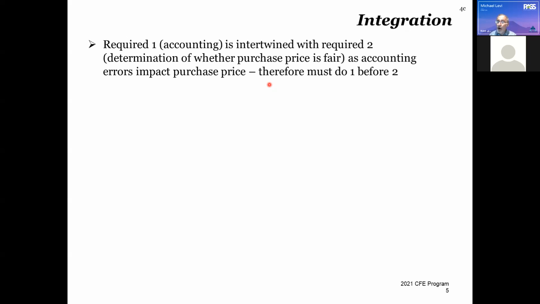So I need to do 1, figure out what the accounting errors are, come up with a new revised purchase price if the income before discontinued operation changes, because that's the driver of the purchase price. And then I take my revised price and consider whether it's fair in required 2. So it's impossible to do 2 before 1. You've got to do 1 before 2.